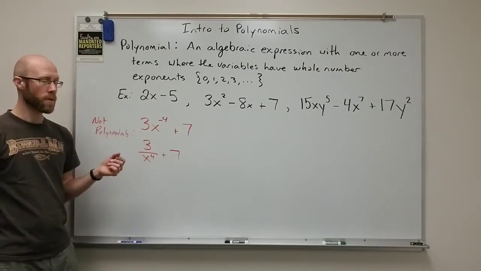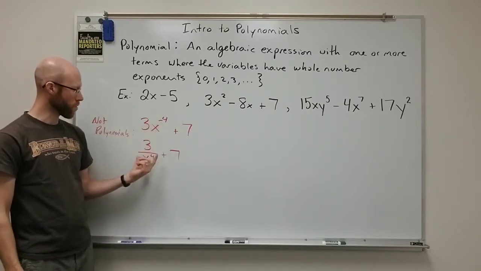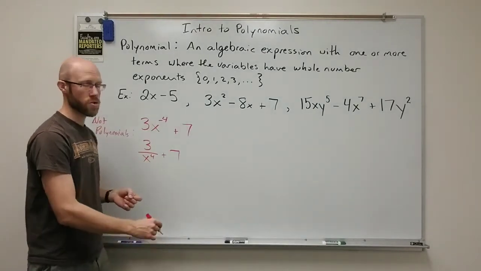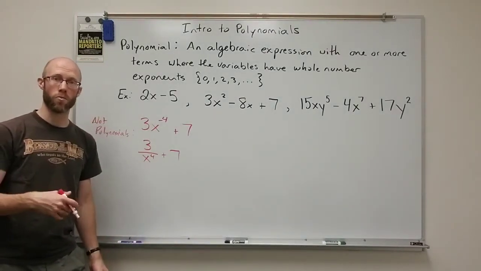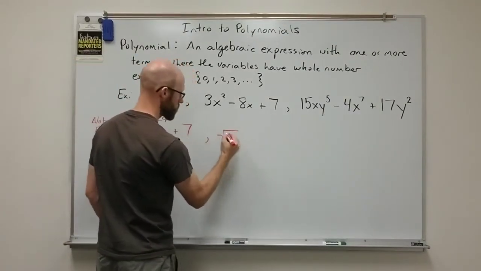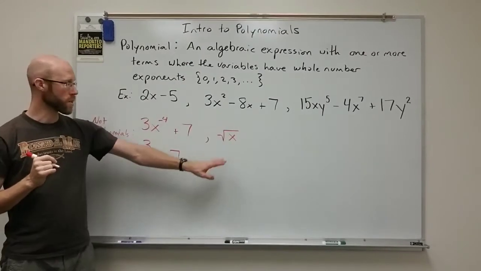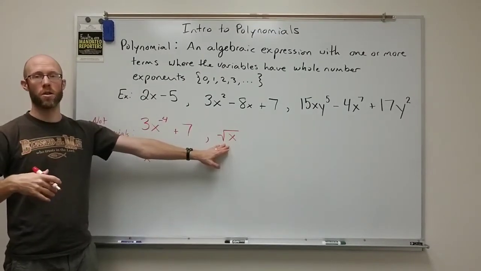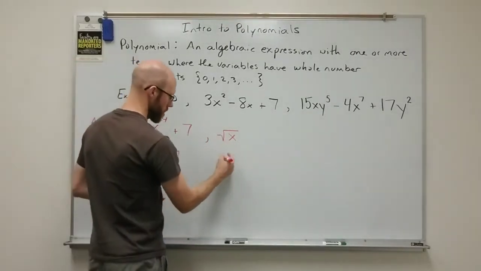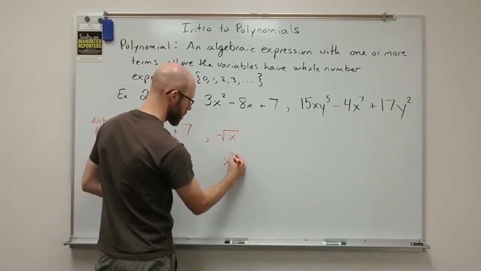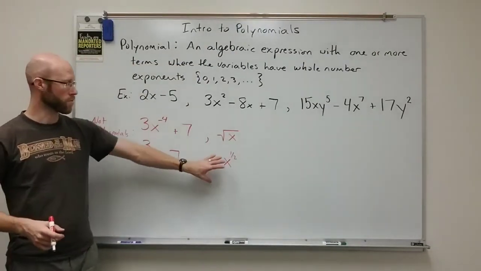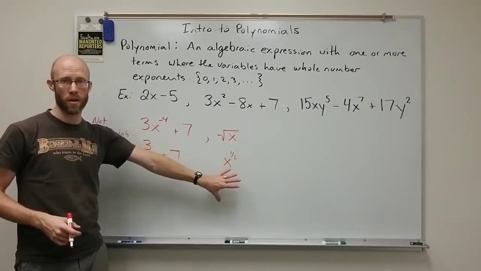Okay. In addition to negative powers or things where variables are in a denominator, you may also see variables under a root, like the square root of x. Okay. And the reason that this is not a polynomial, we'll learn in a later chapter in this course, is that roots are actually fraction powers, like x to the 1/2. Okay, so we haven't learned this yet, but we will.